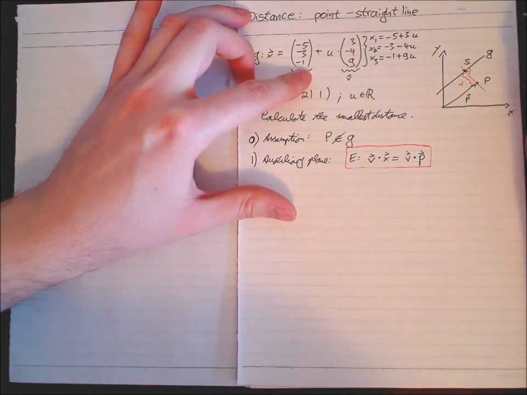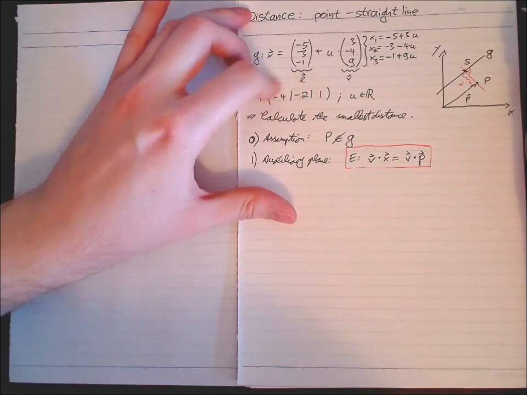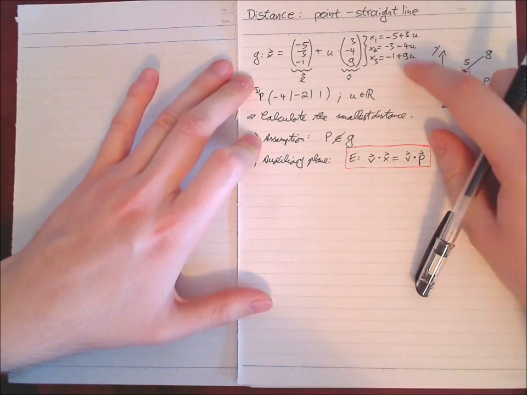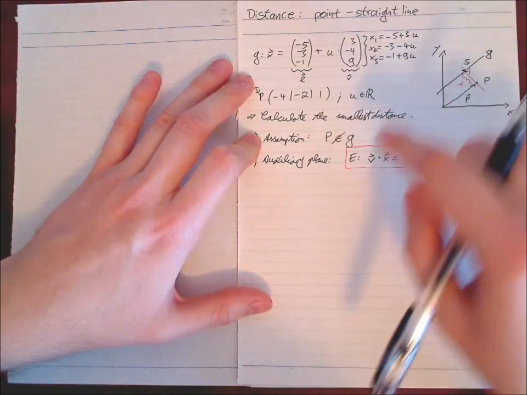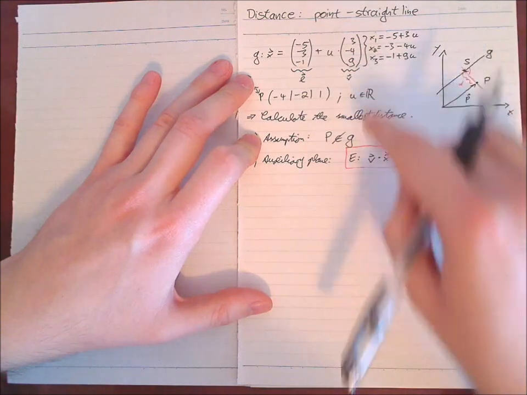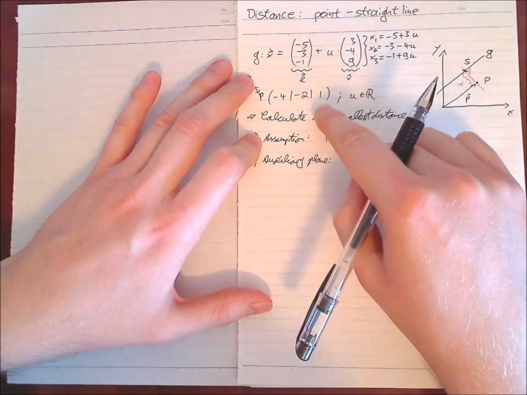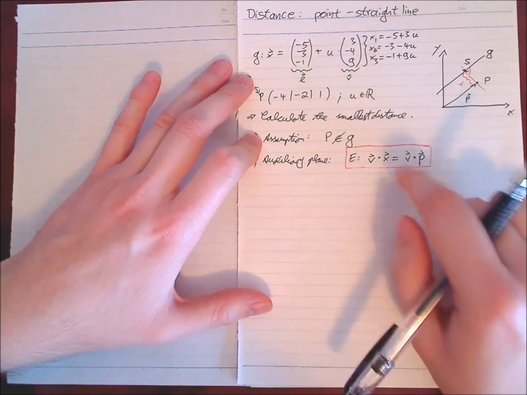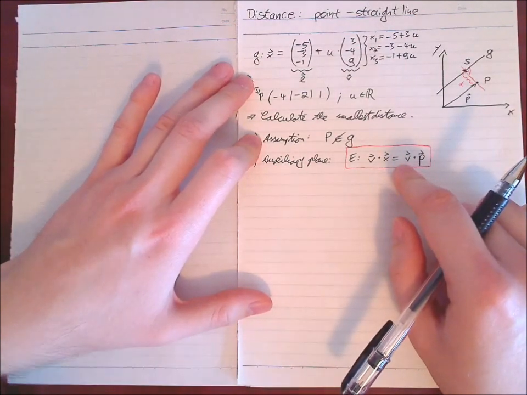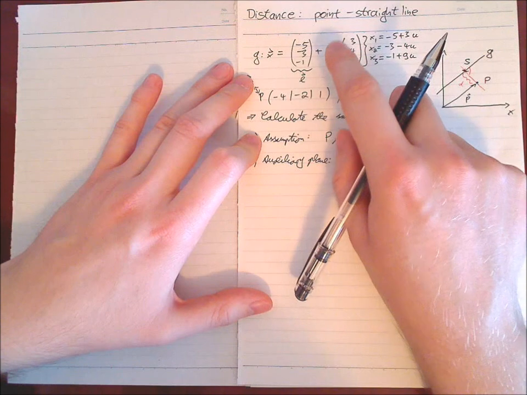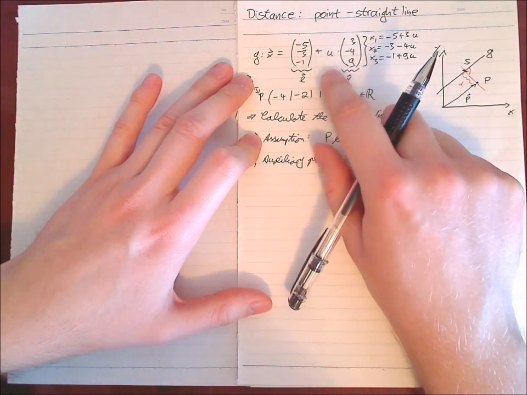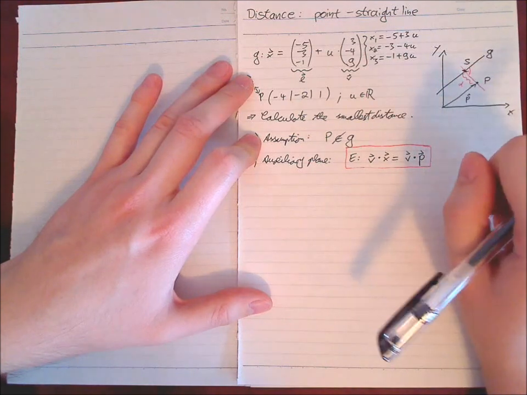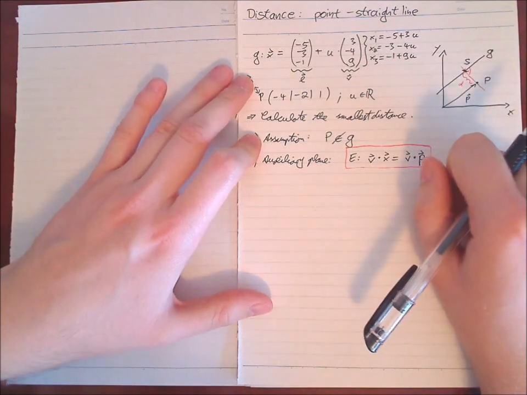So now we have written down our straight line as a general point, and then we can insert our general point together with the directional vector and our point all in our auxiliary plane equation, and we obtain directly a value u, which we can then insert in our straight line. Then we obtain the point S, and then it's quite easy, just calculate the connecting vector and the amount of the connecting vector.